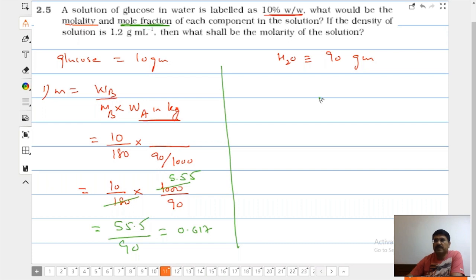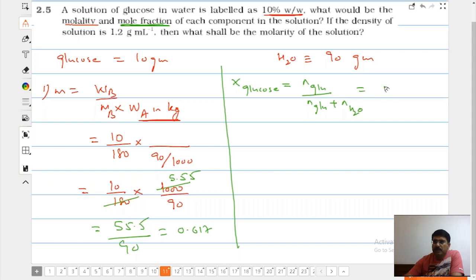Mole fraction. How will you calculate mole fraction? X of glucose is number of moles of glucose divided by number of moles of glucose plus number of moles of water. That's the formula I will be using.